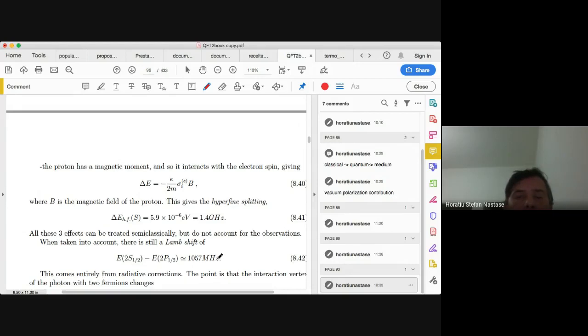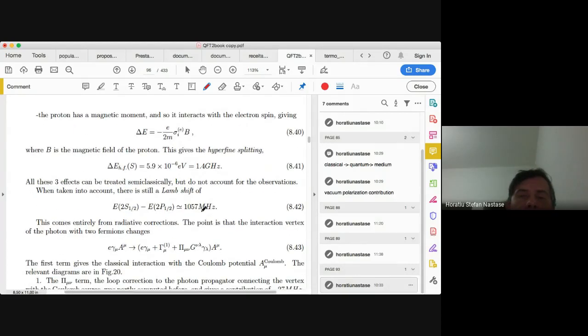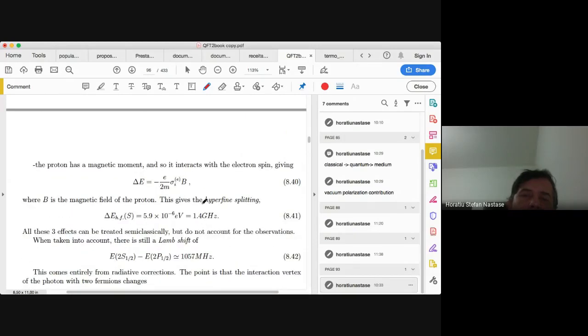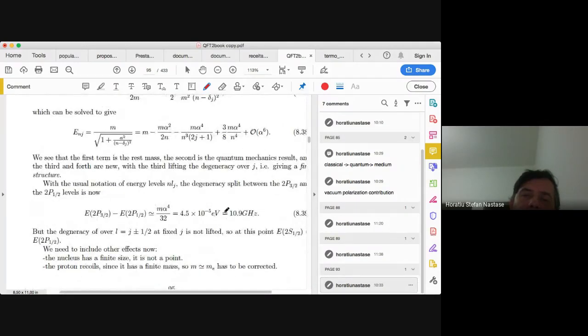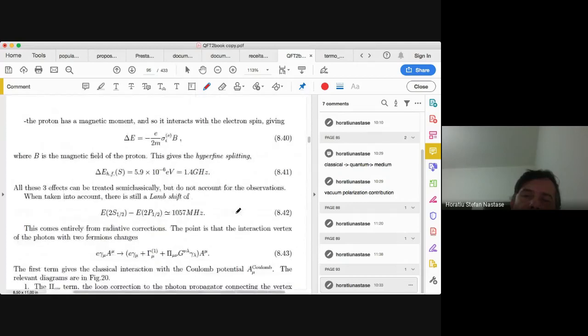So this is, of course, small. I mean, it's about 1 gigahertz. Compared to this, or compared to this, it sounds small, but people could measure it. And this was called, by people who took into account all of these calculations very carefully, the Lamb shift. So the Lamb shift was 1057 megahertz.